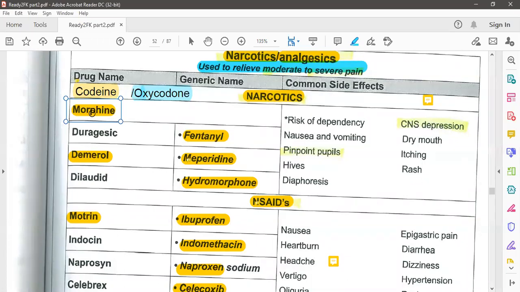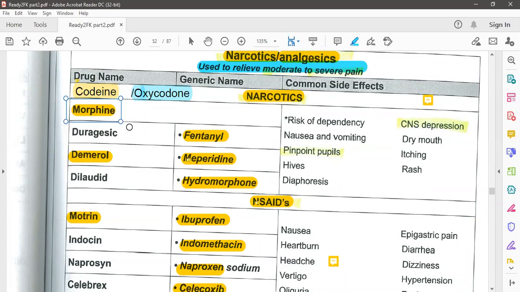Most opioids or narcotics can cause respiratory depression. So when you monitor the respiratory status, we hold the medication if respirations are below 10. If the respiratory rate is less than 10, we have to hold and talk to the healthcare provider.